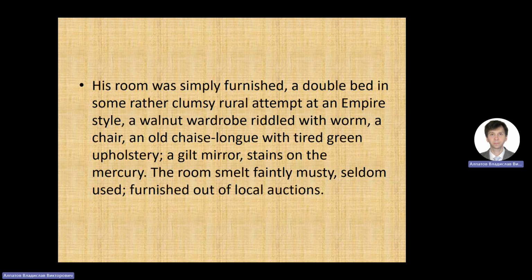This image, a gilt mirror, stains on the mercury. It's an old mirror with stains from old age on the glass. The room smelt faintly musty, затхлый, seldom used, furnished out of local auctions. Right? So the images can vary in the degree of their complexity, of course, right? From simple images to some rather very complicated images.